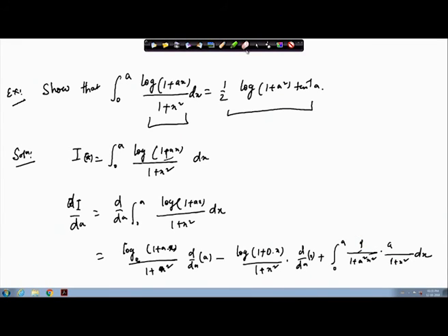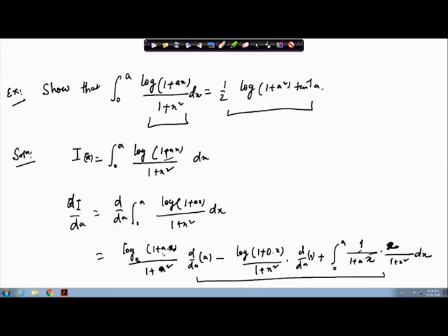So the value of this differentiation would be 1 by 1 + x², times 1 by 1 + a x, and in the numerator we will have an x actually. Yes. So this will be the value of the differentiation of this integrand with respect to a here, and now we have to again calculate like we did before.